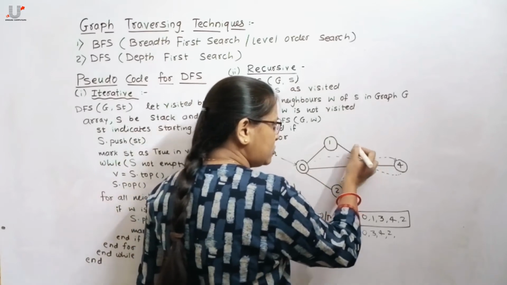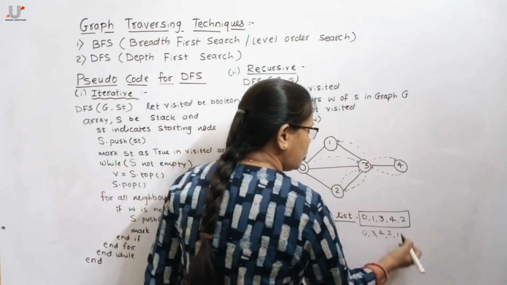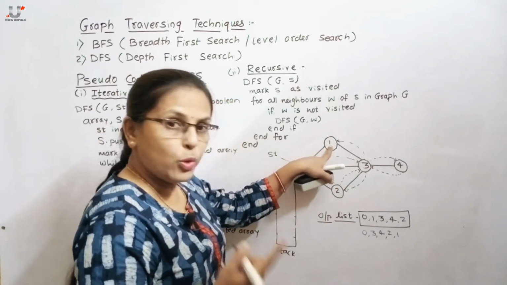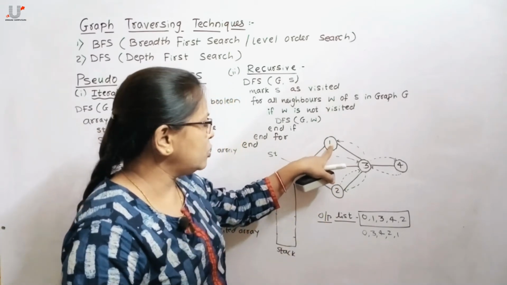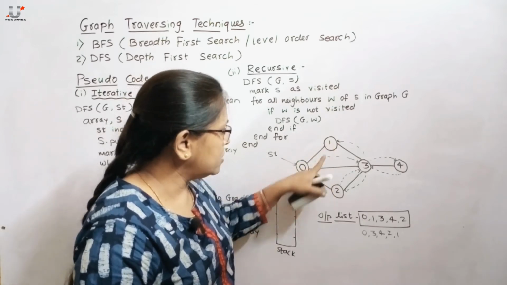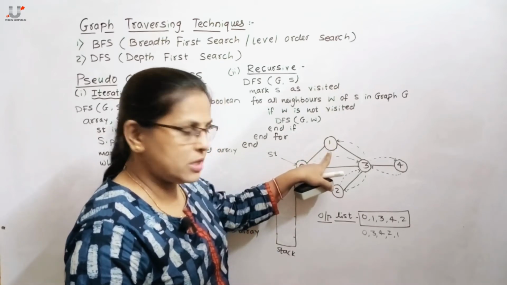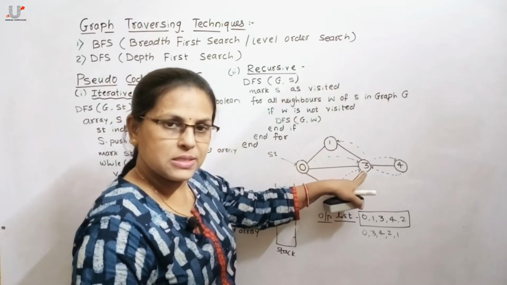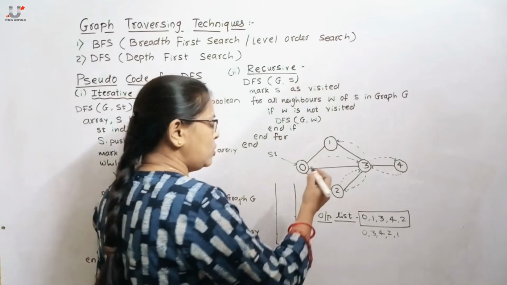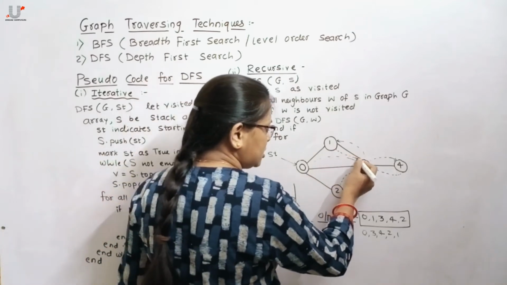So move to that 1, add it to the output list, and then check whether any unprocessed adjacent node of this 1 is present. The adjacent nodes of this 1 are 0 as well as 3, but as they both are already traversed, backtrack to the previous location.